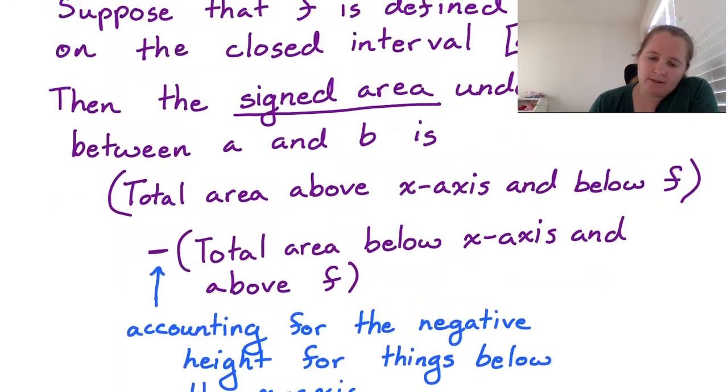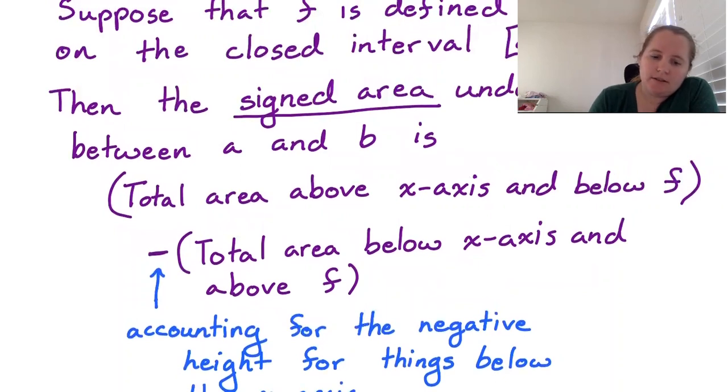All right, so this is the signed area under the curve or under f.